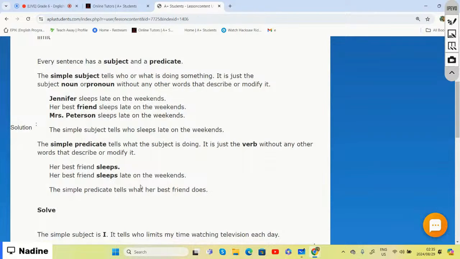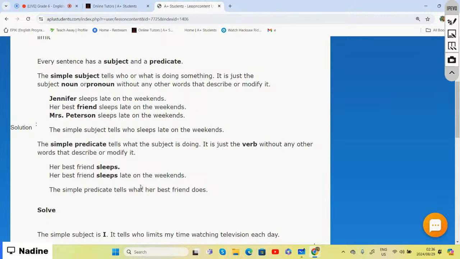And a simple subject tells us who or what is doing something. But now it is just the subject noun or the pronoun without any other words that describes or modifies. So it's only that subject, only the noun, only the pronoun, not with all the other added things to it, right? For example, Jennifer sleeps late on weekends.